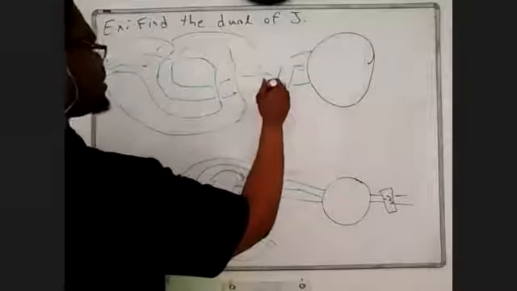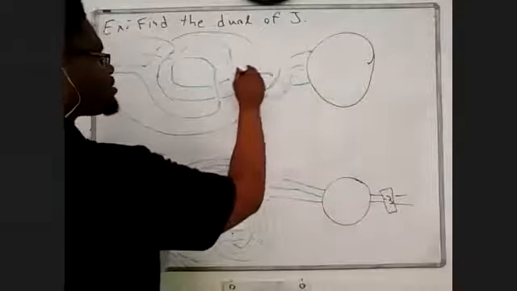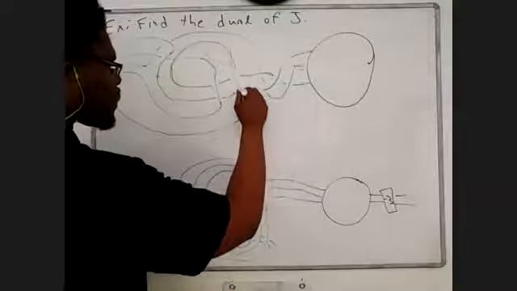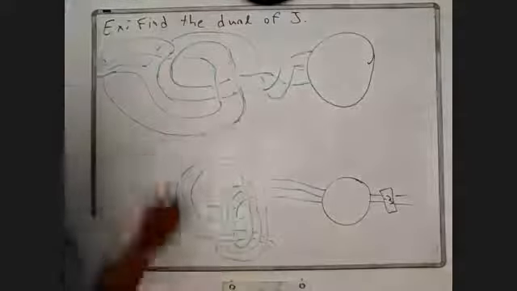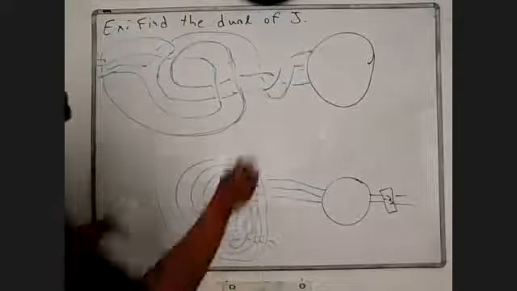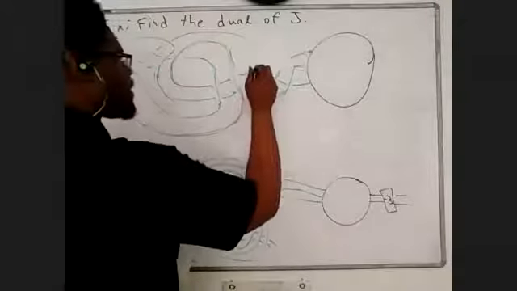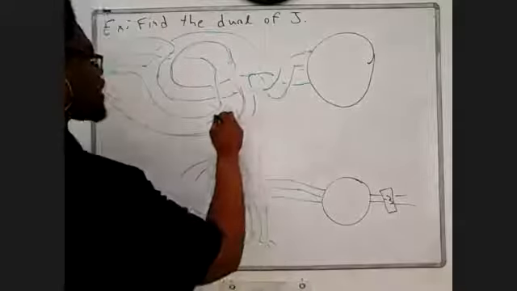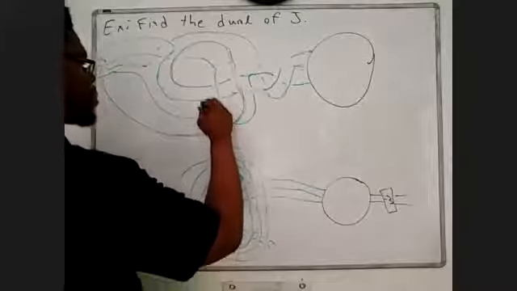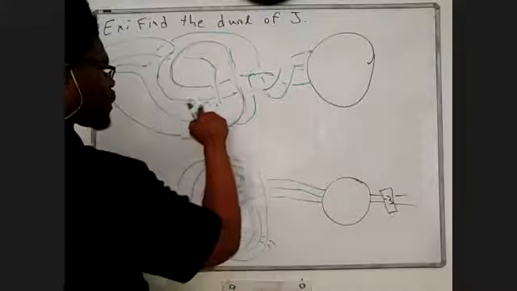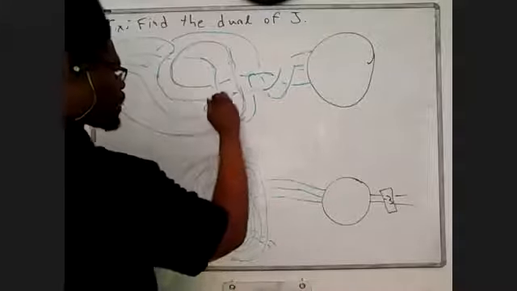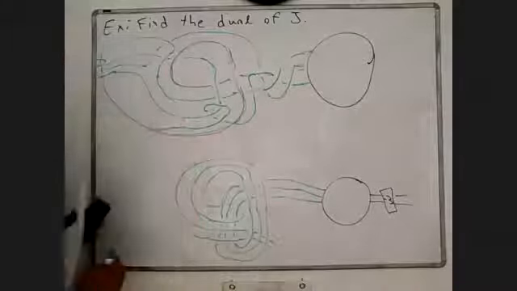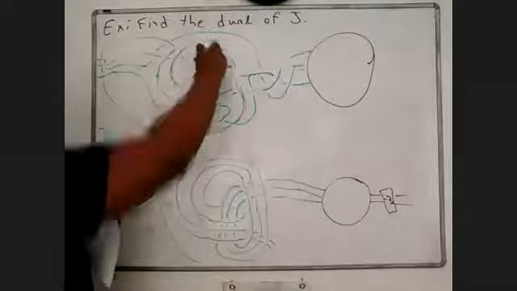I want to take this thing right here and I want to change it to look like this. So I'm taking this part and I'm shifting it down.